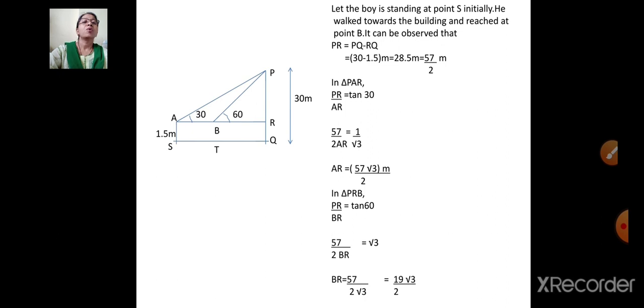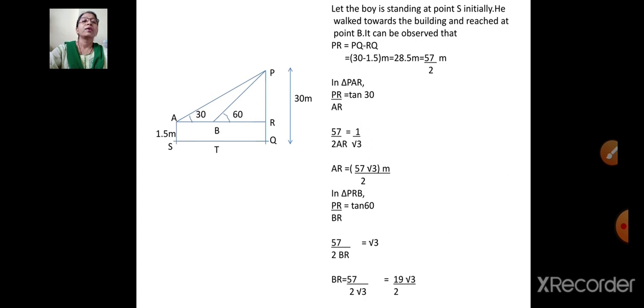Now the boy is at position A. When that boy looks straight, AR is his horizontal line of vision, and when that boy looks at the top of the building, the angle made, that is angle PAR, is the angle of elevation and it is 30 degree.